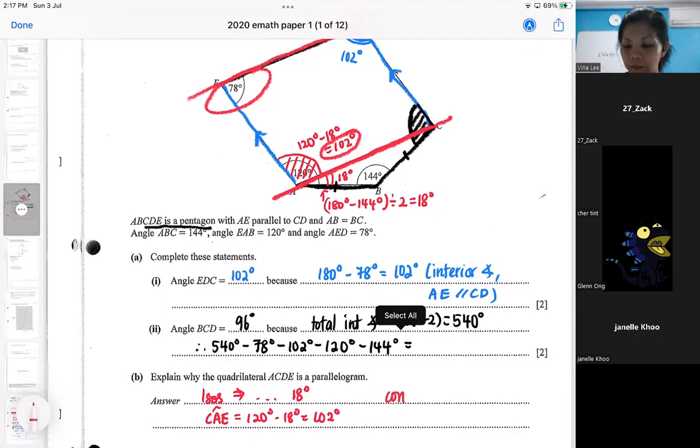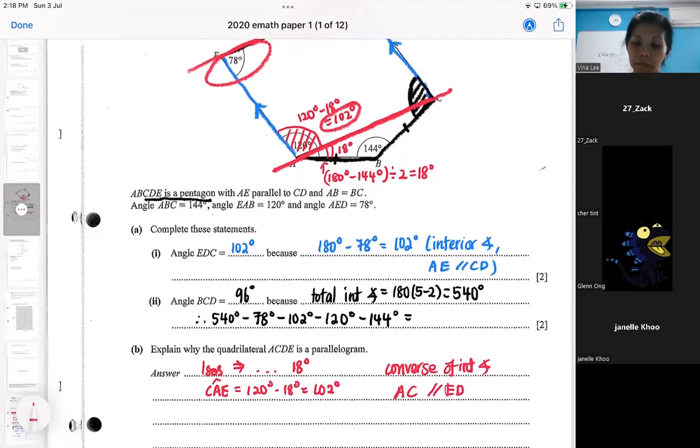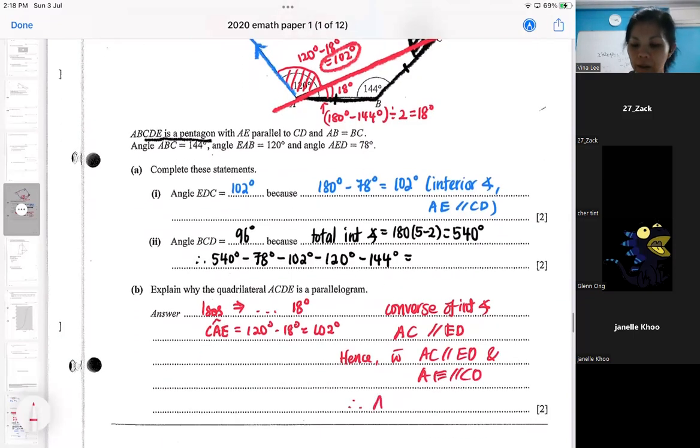So it is the converse of interior angles. With the converse, these two lines are parallel: AC is parallel to ED. Hence, with this parallel and the original parallel, we can prove that ACDE is a parallelogram.